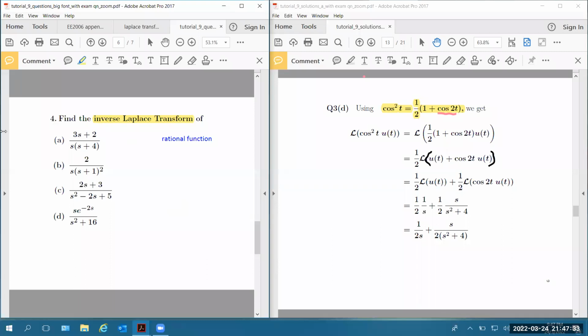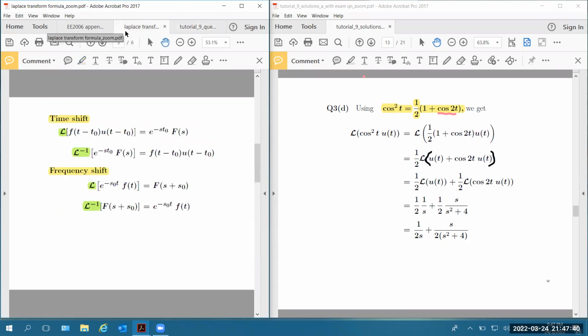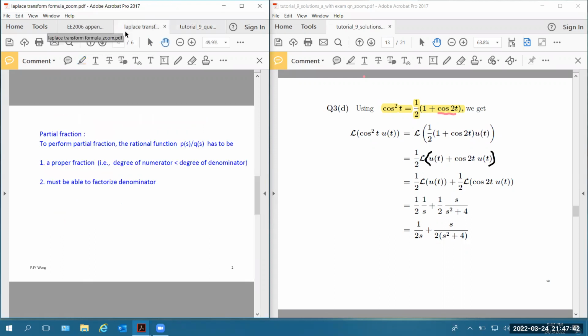Okay, so let's talk about partial fraction. Let me go to my notes. This is the condition that you need to have before you do partial fraction.